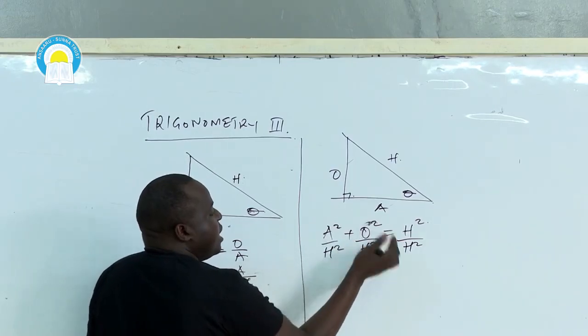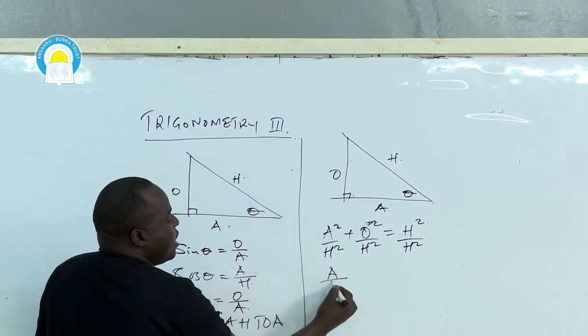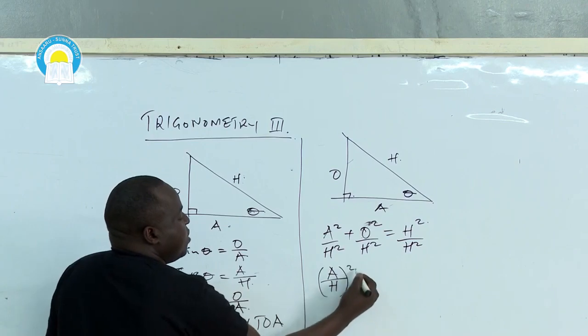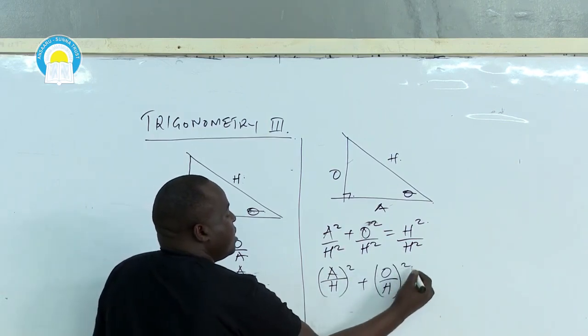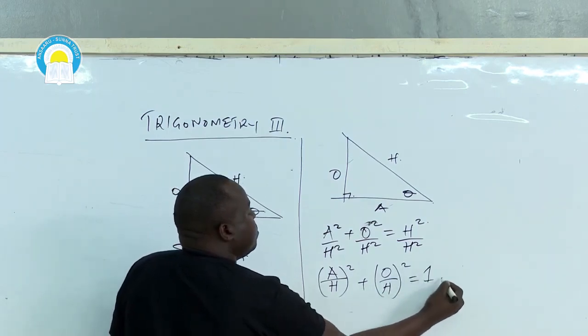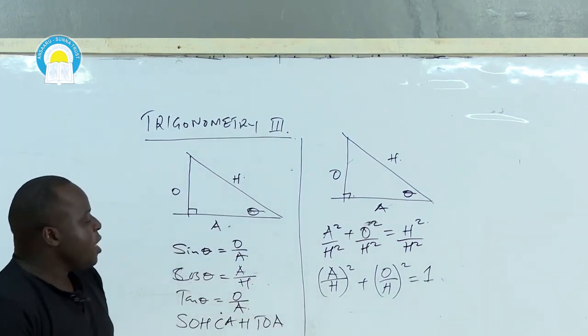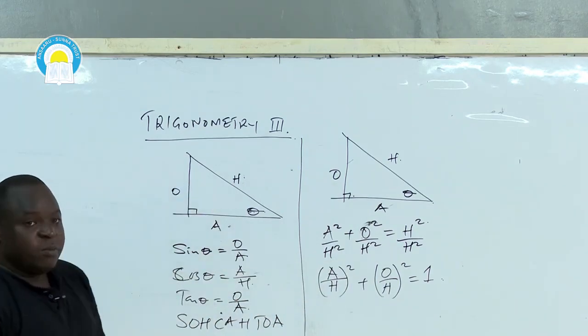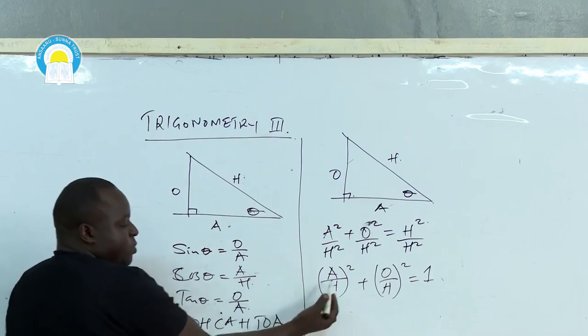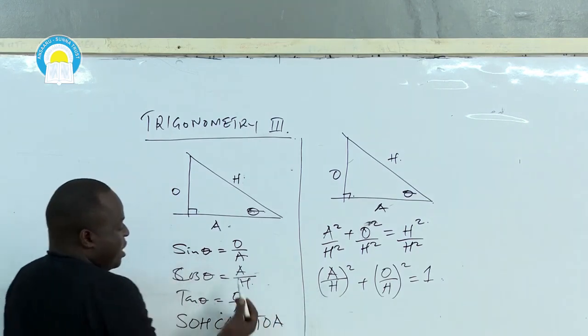If I divide by h squared, I will get a over h bracket squared plus o over h bracket squared, then equals to 1. Now, I want to compare this with what I had already explained before. There is some place we said there is a ratio a over h, and it's actually here.